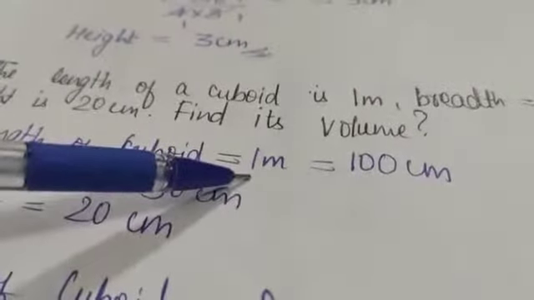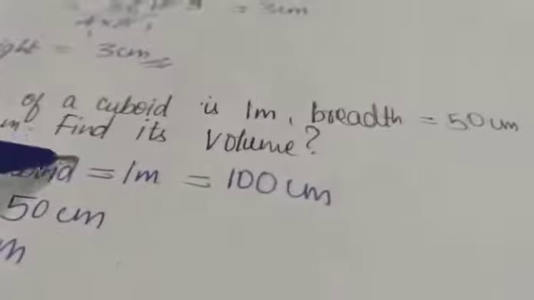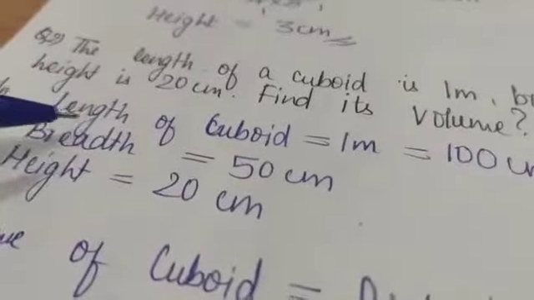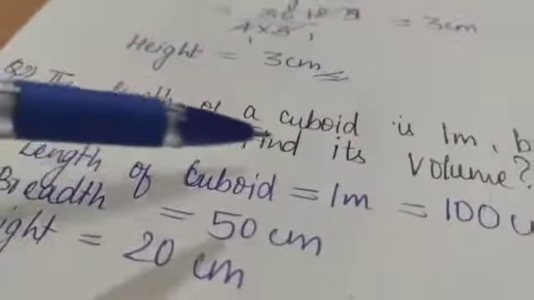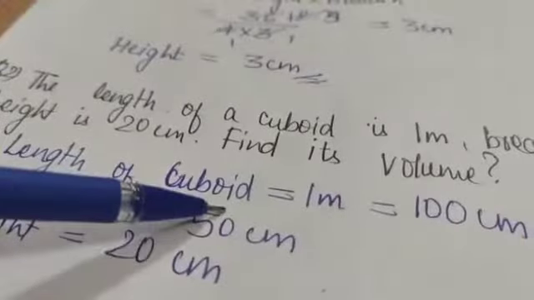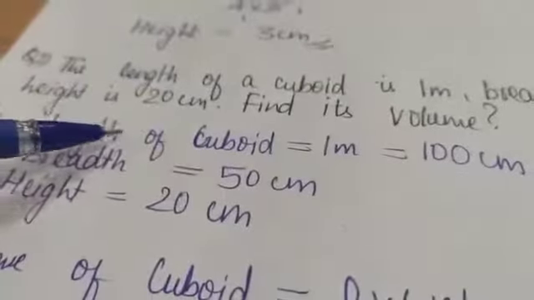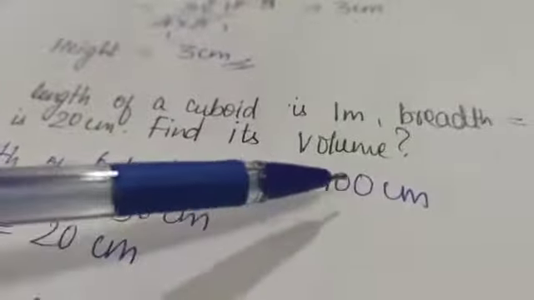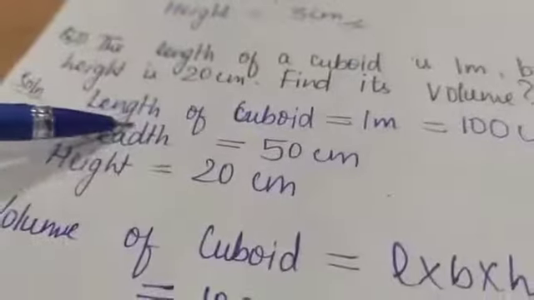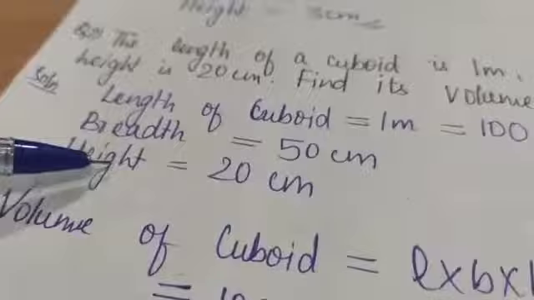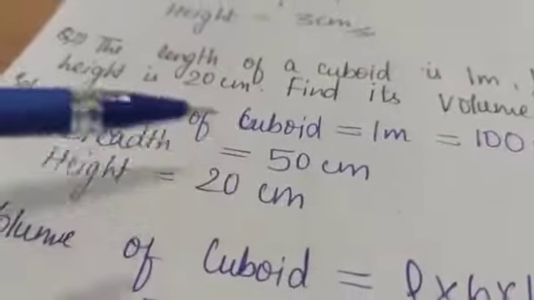Since the other two dimensions, that is the breadth and the height, are given in centimeters, we have to change the length of the cuboid into centimeters. So 1 meter equals 100 centimeters. So the length of cuboid becomes 100 centimeters. Now the breadth is given as 50 centimeters and the height is 20 centimeters.